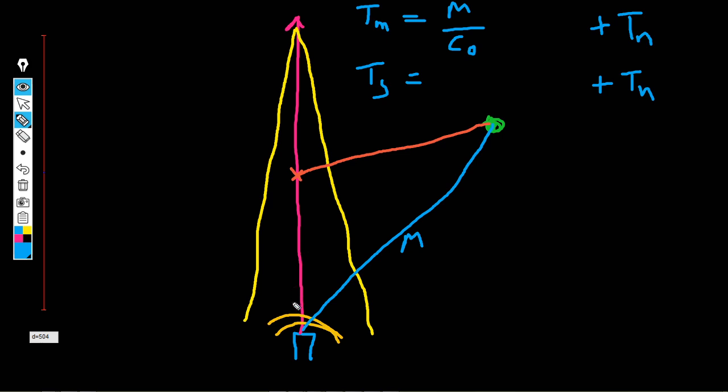Basically, the bullet has to travel this distance from the muzzle to that point, which we'll call A, and that happens at the speed of the bullet, so we have to account for that. So that would be A divided by the speed of the bullet, which is V sub B, and then it has to go from that point to the recording device, which is B, and that occurs at the speed of sound. So we have to add in then B over the speed of sound.